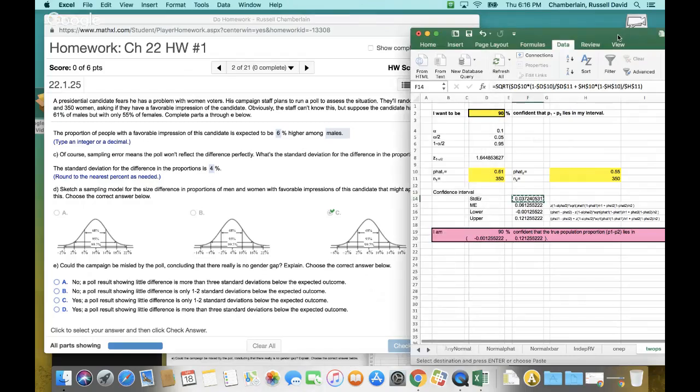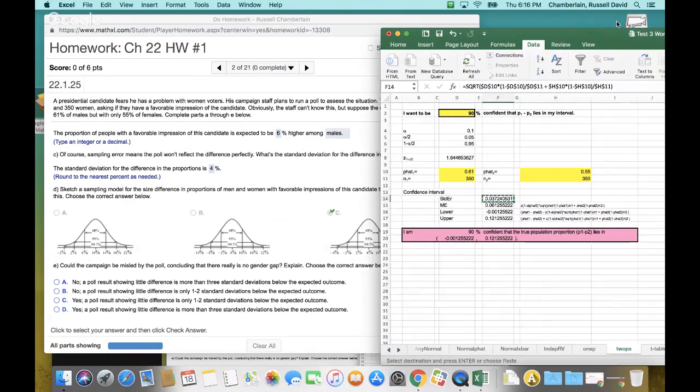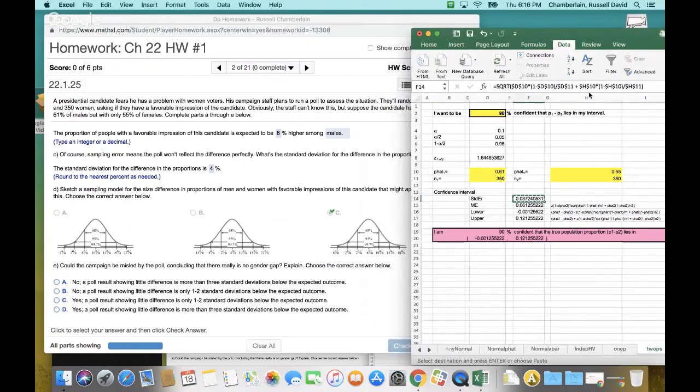That's one way to think about this question. 0 is 6 away from 6, right? So one standard deviation would be 4, two standard deviations would be 8, so it's a standard deviation and a half. So a poll result showing little difference would be 1 to 2 standard deviations below the expected outcome.